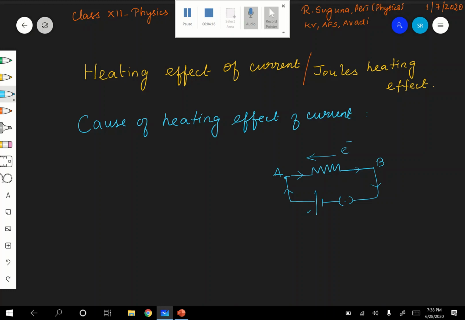Therefore, they drift towards A, towards the positive end. As they do, they undergo so many collisions.